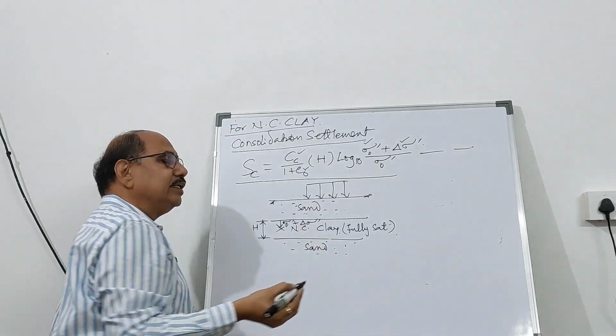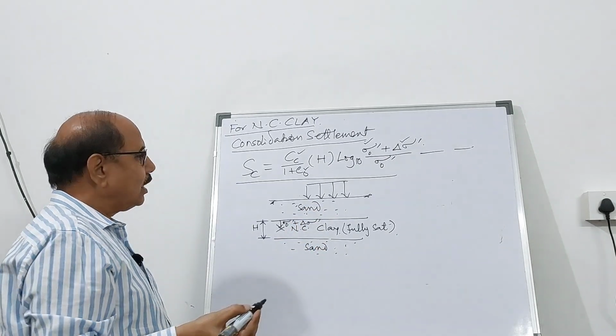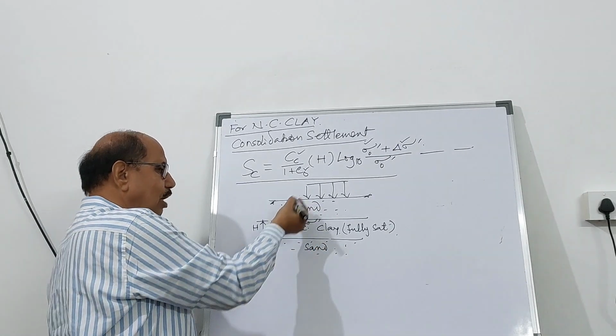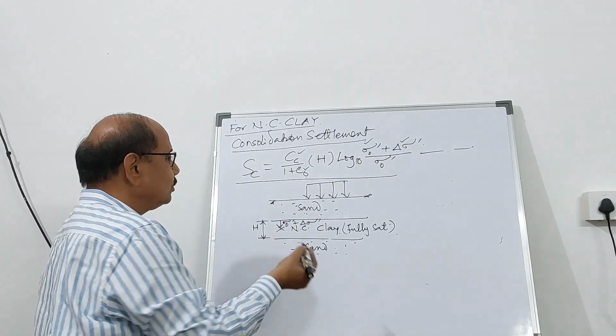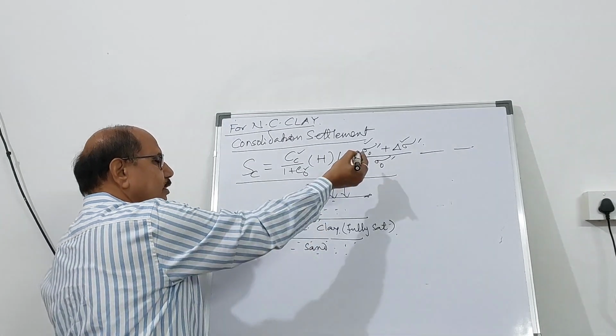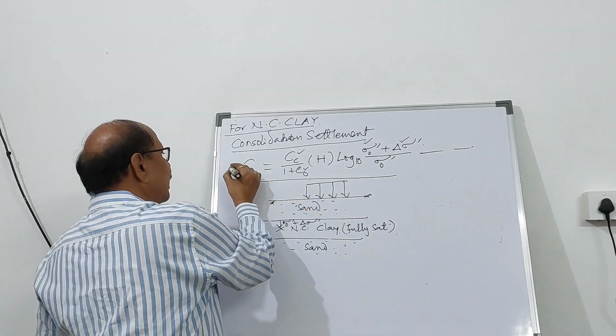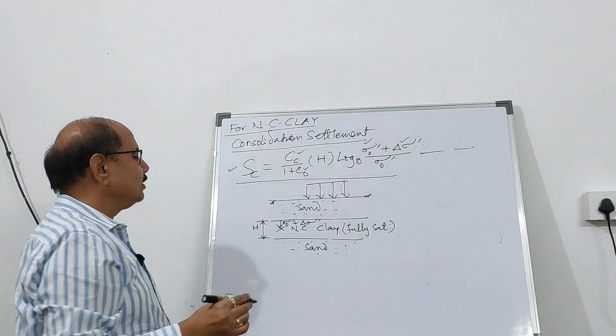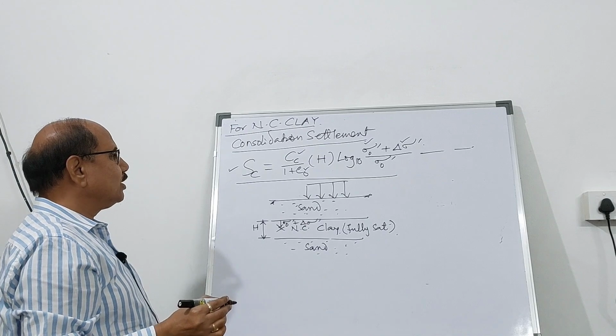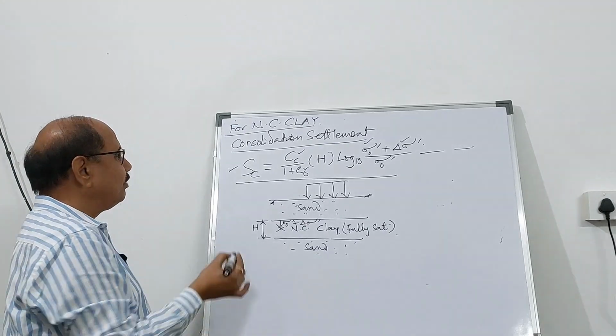And in shallow foundation, I have already shown you how by approximate method you can calculate this delta sigma prime. And therefore, you can find out the consolidation settlement using Cc value very easily.